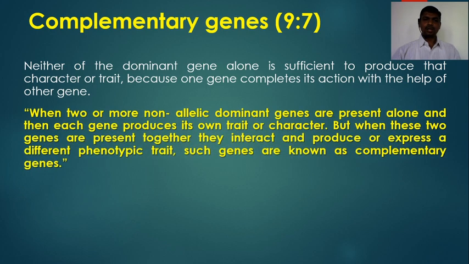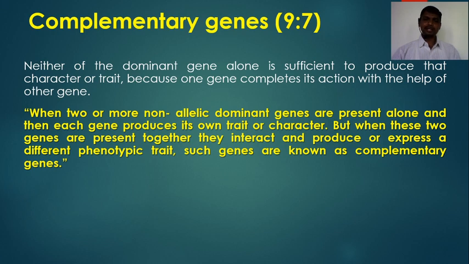When two or more non-allelic dominant genes are present alone, each gene produces its own trait or character, but when these two genes are present together, they interact and produce or express a different phenotypic trait. Such genes are known as complementary genes. For example, take two non-allelic dominant genes.